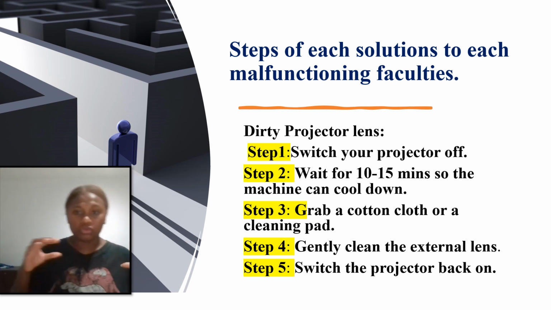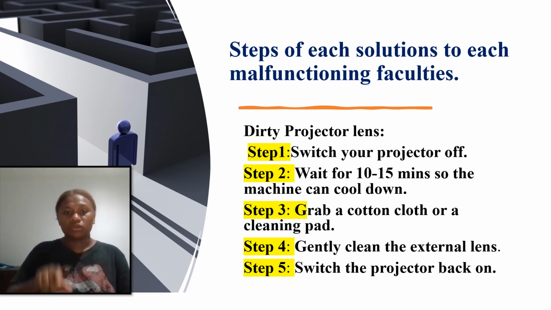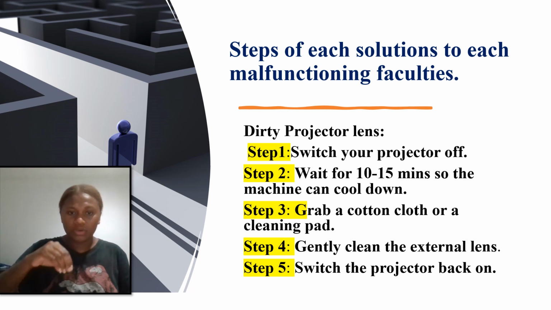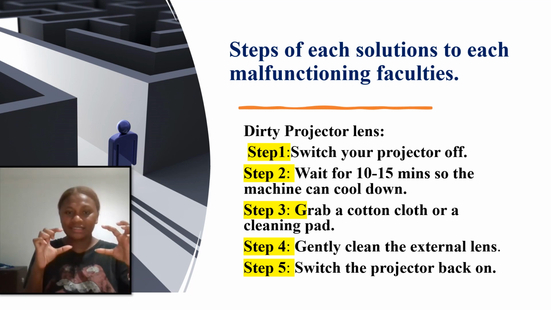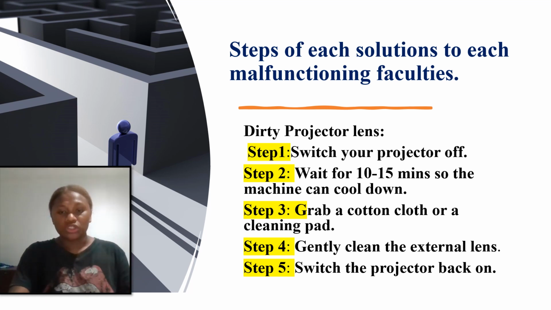That means you have to remove it. You have to twist the tightening ring and remove it, and then you clean the lens, and later you put it back after it's clean, and then you tighten the lens. And you switch on the projector again, and you can resume the class.